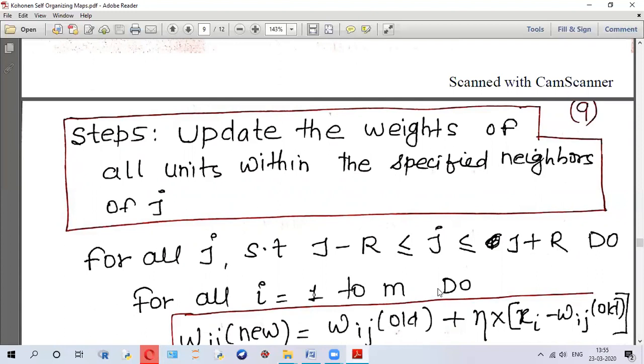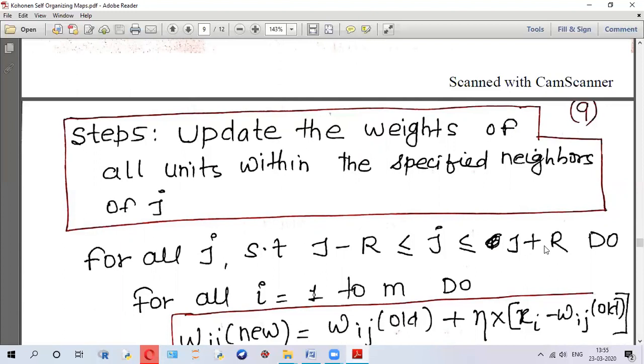So I have to define a rule, right? Since we have just two cluster units, we have taken R equal to 0. A very simplified manner could have been this, where we define the neighboring neurons by this formula: J minus R is less than or equal to J, less than or equal to J plus R. Definitely, since R has been taken as 0, it is not going to make any difference.